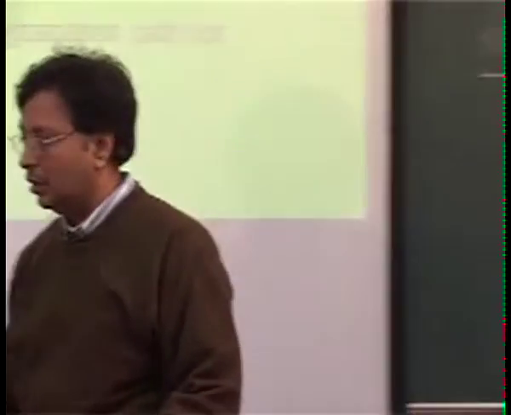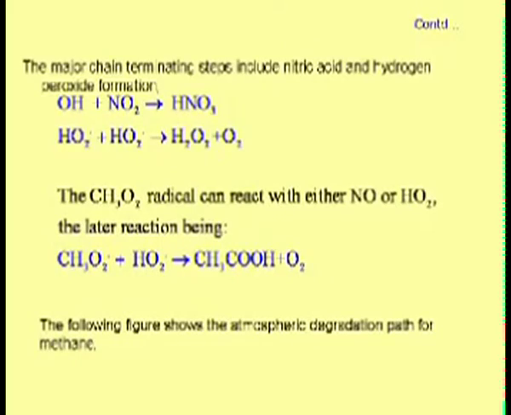Okay. The same thing we repeat here, competitive reaction, and now we are coming to something else. See, in the process there is also a possibility. We are finding lots of HO2, but these HO2s can also combine to give me hydrogen peroxide. We do get a reasonably good amount of hydrogen peroxide.